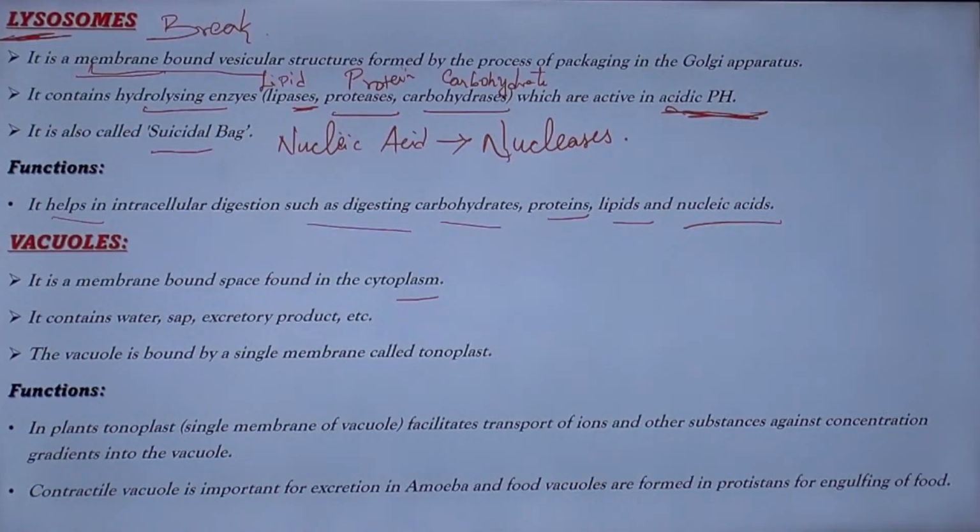It is a membrane bound space found in the cytoplasm. It contains water, sap, in the sense of minerals and nutrients, and excretory products. If a cell does not want something, the products it excretes are saved in a bag, the vacuole. And other materials which are not useful for the cell are sent outside.